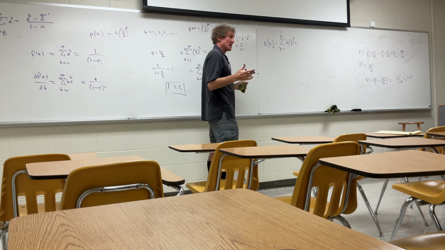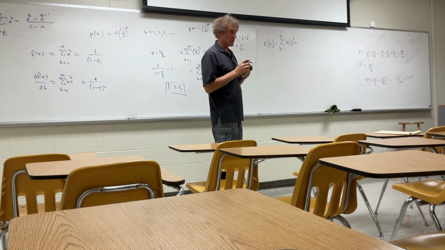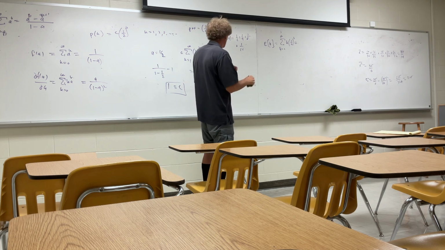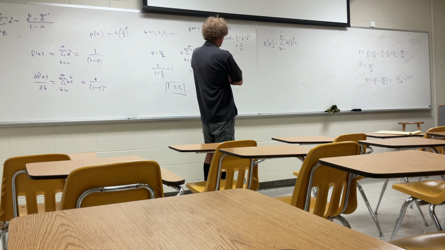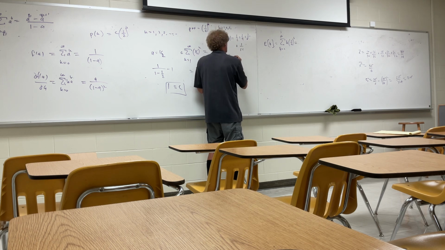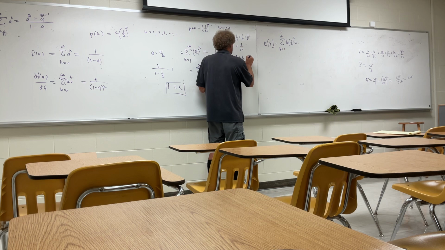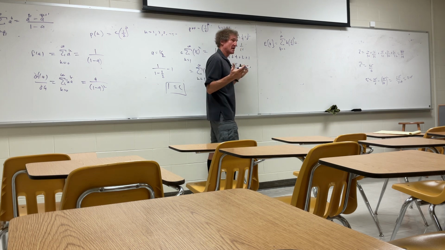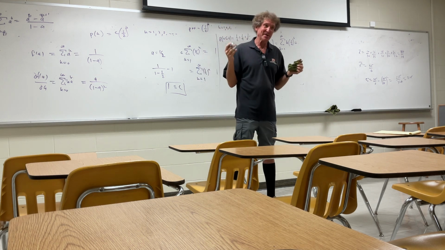You agree with that? That would be 1 through 4, correct? And just add them up. 16 is the common denominator, so that's 8 plus 4 plus 2 plus 1, and that's 12, 14, 15 over 16. Is that right? Excellent.